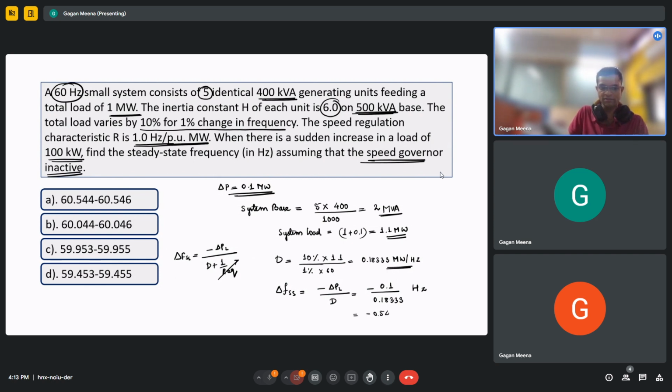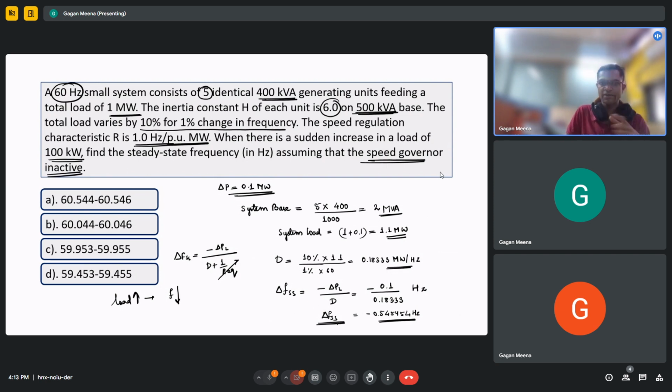This is showing that frequency will reduce by 0.545454, it's recurring. So this is the steady state frequency error. Load is increasing, so the frequency will reduce because the steady state frequency deviation is negative.